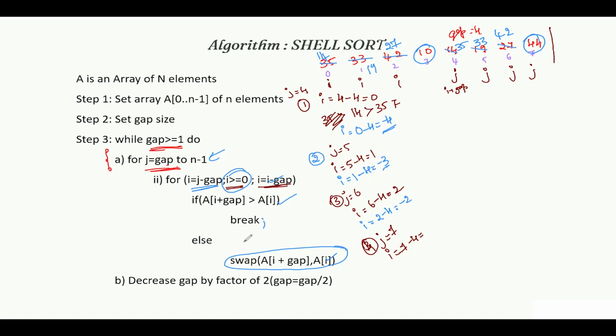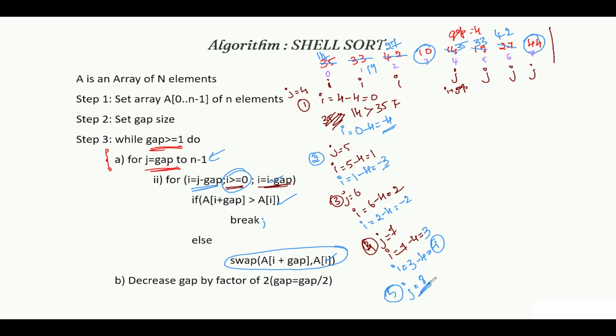So when we break, we are going back to the for loop and we are next calculating the I value. So I value, this was nothing but 3. So I value now is going to be I minus gap, which is nothing but minus 1. It is a negative value. Of course, the condition fails. Hence, we will go to the outer jth loop. Now j value is going to get incremented to 8.